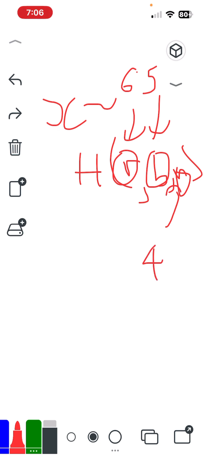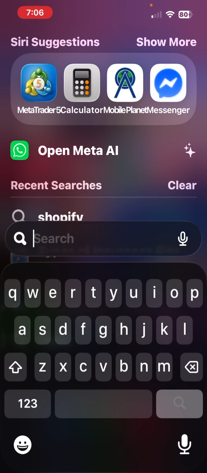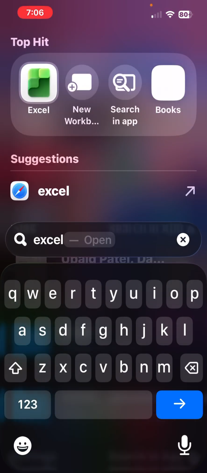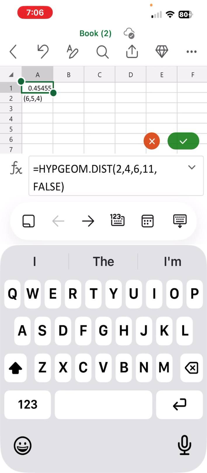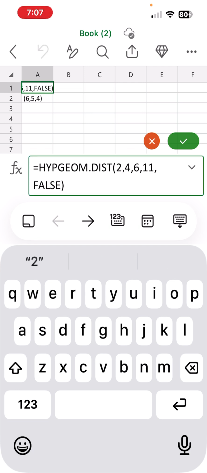To figure this one out, you may use your Excel function. For your hypergeometric sequence, you will type in this function, which basically says HYPGEOM.DIST, and then brackets. The first number is the total number of healthy individuals you need for your clinical trial out of a given sample.